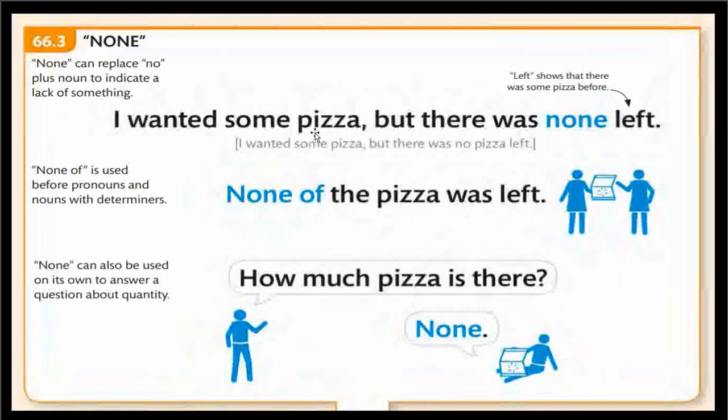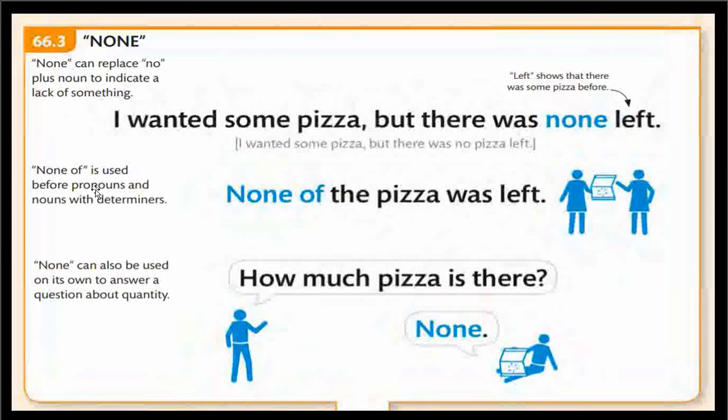I wanted some pizza, but there was no pizza left. Instead of saying no pizza left, I've replaced the word no and also the noun, that is pizza. So no pizza, I have replaced it with the word none left. Now the word left indicates that there was some pizza earlier.